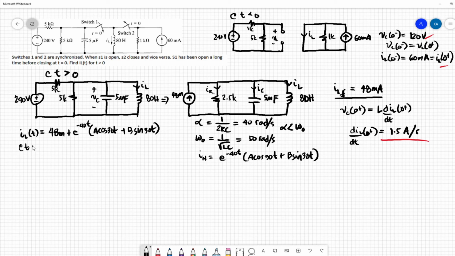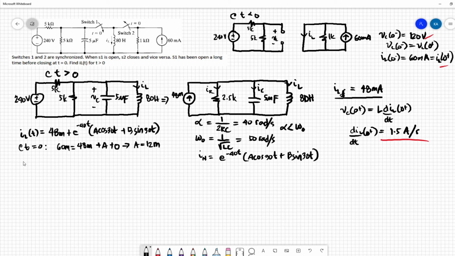At t equals 0, our equation becomes 60 milli equals 48 milli plus A plus 0. We can solve for the value of A, which is equal to 12 milli.